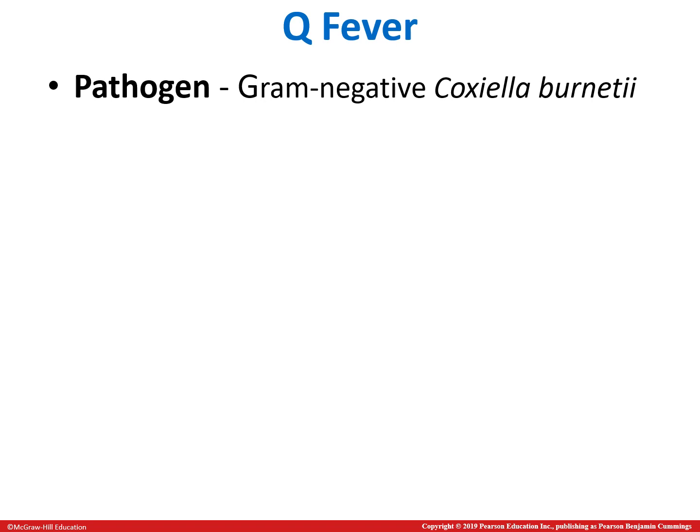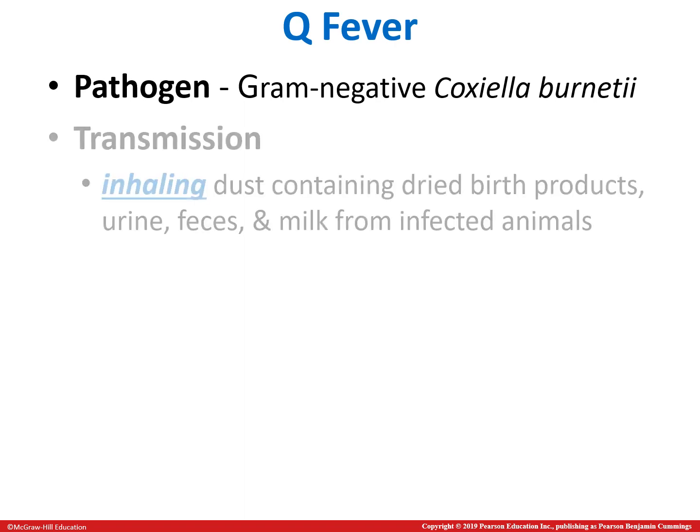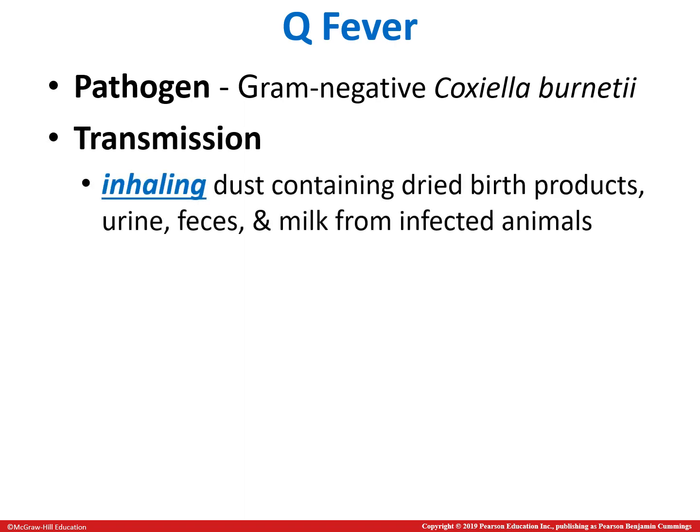Then we have a disease called Q fever, and this is another one that's kind of considered an old disease, but is still very much a possibility. This is a gram-negative bacteria, Coxiella burnetii. And this one, again, is a zoonosis, so it comes from contact with infected animals.